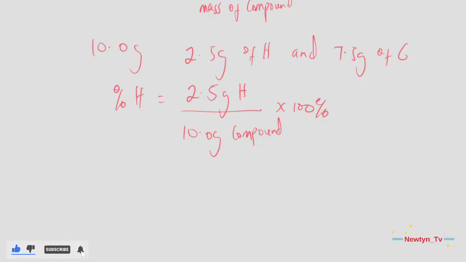Now if we calculate it, we should get 25% of hydrogen, which is H.